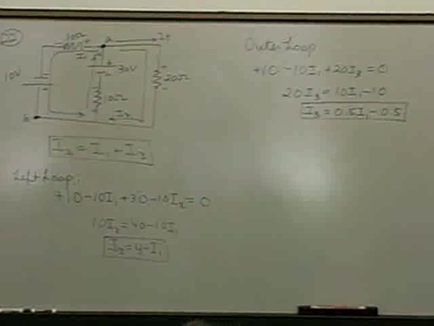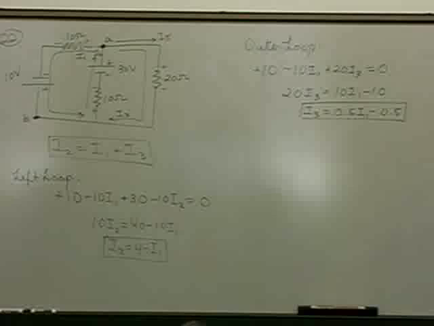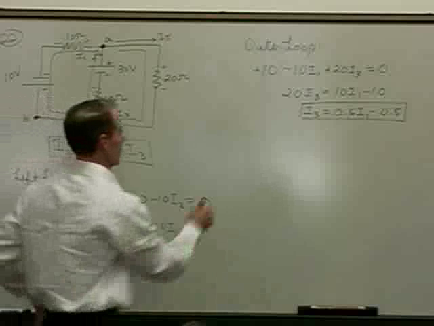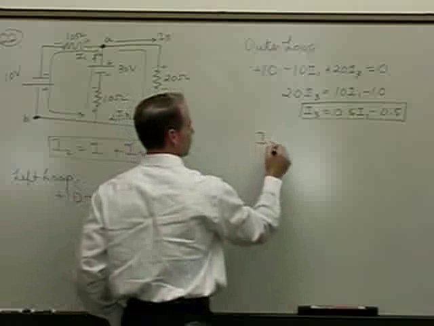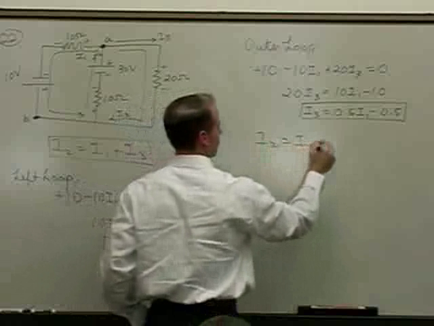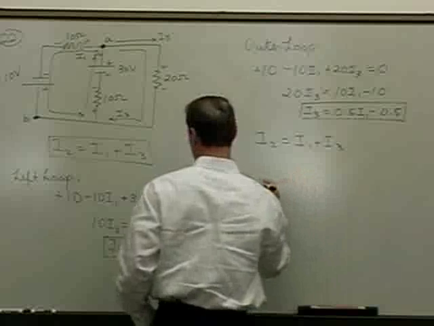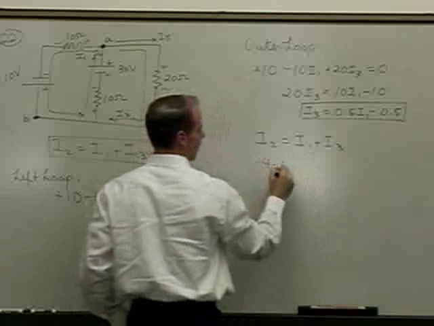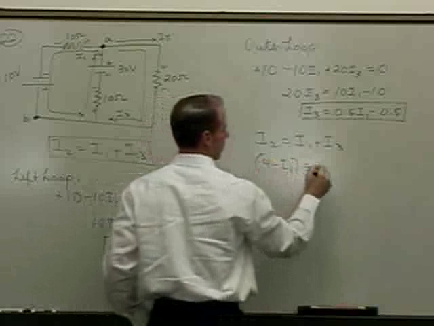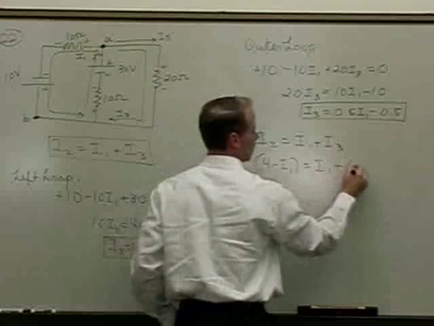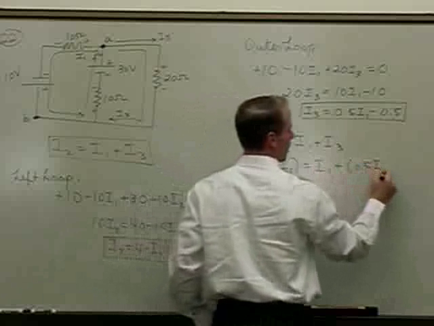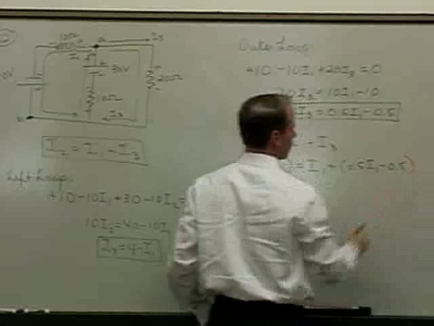So now I have I2 in terms of I1, and I have current I3 in terms of I1. I'm going to plug into this. Since I2 equals I1 plus I3, then it's true that 4 minus I1 is equal to I1 plus 0.5 I1 minus 1.5.